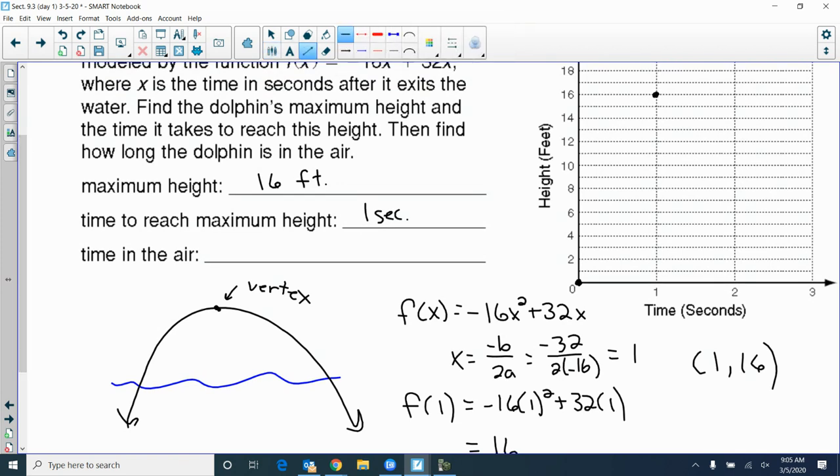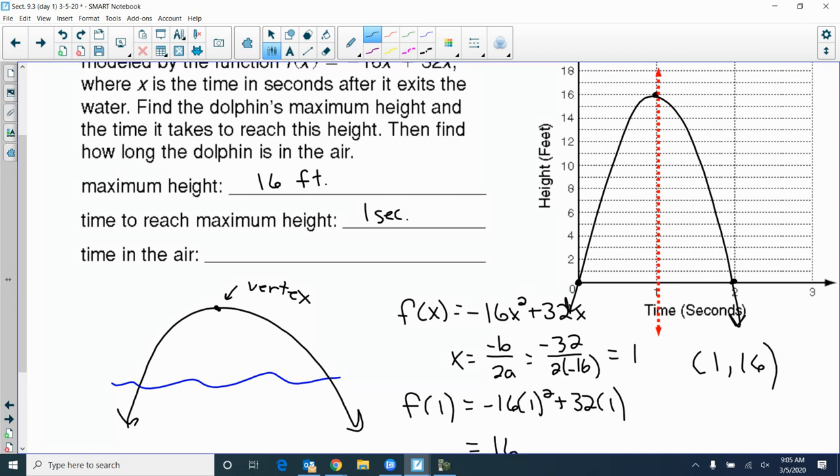The vertex is always on the axis of symmetry. Okay, always. So that means if it starts at 0, 0, what point is going to be on the other side of the axis of symmetry? 2, 0. So this is what the graph looks like.